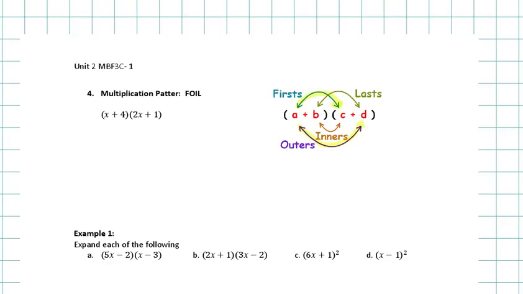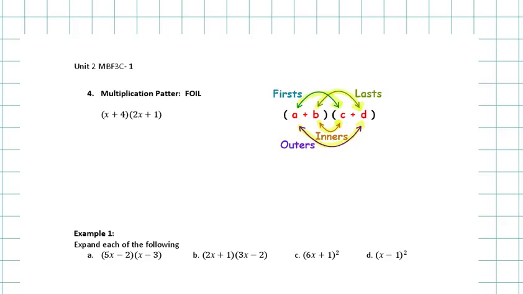Then you multiply the two inner terms, which means the second from the second one times the first. And then the last, which means the last term and the last term. So every term has to be multiplied by both of these terms. At the end, you're going to get 4 terms.